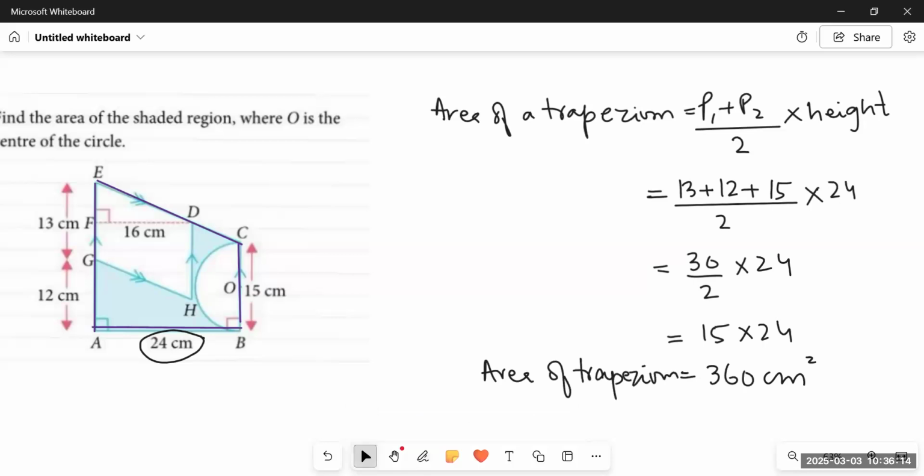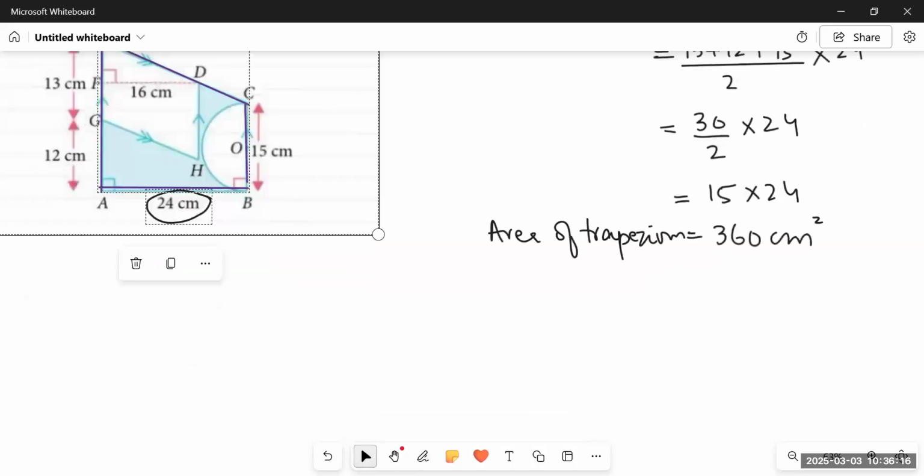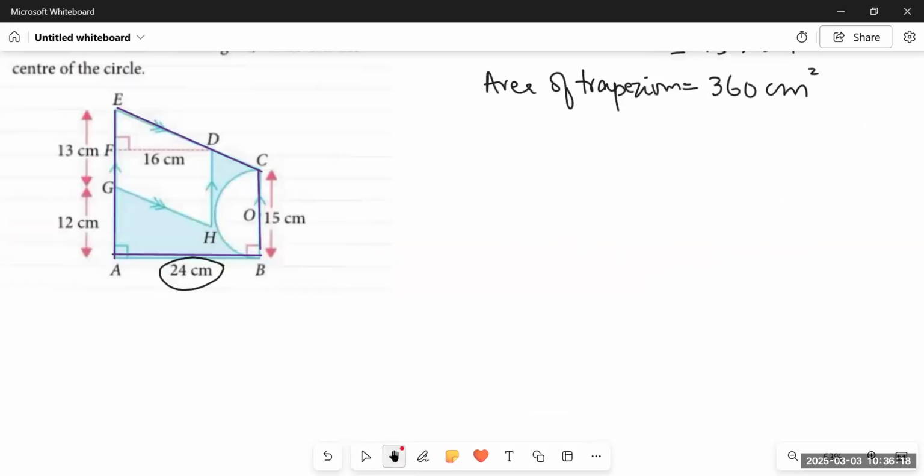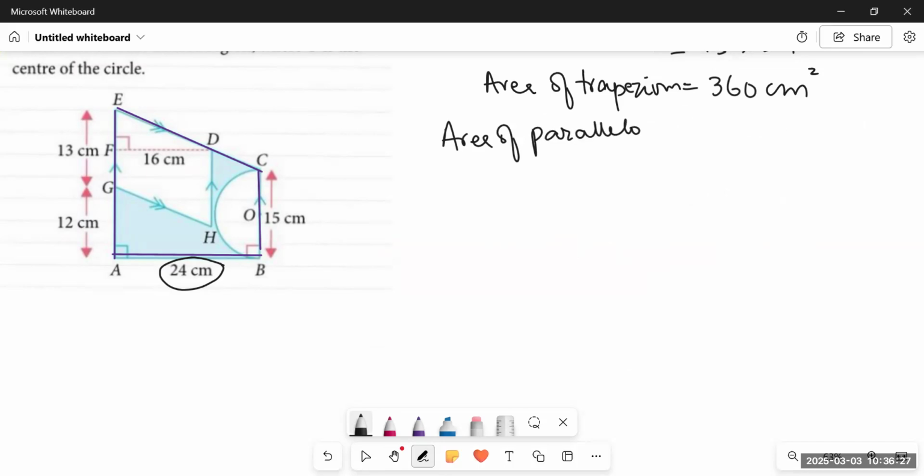Now, after finding the area of the whole trapezium, we will go for the parallelogram, which is DEGH.